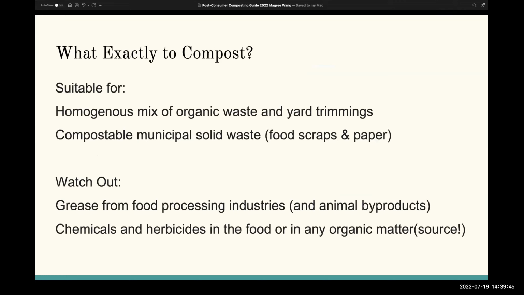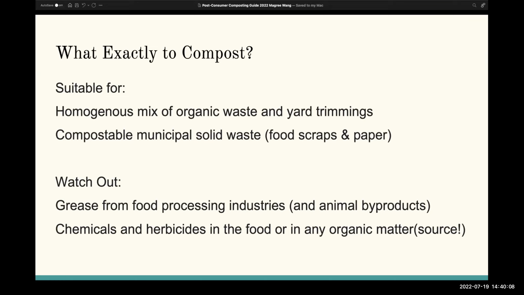And this is definitely a question that many people ask: what exactly is compostable? Another reason why we chose this type of composting is that it's very versatile. Most food scraps would go into this type.